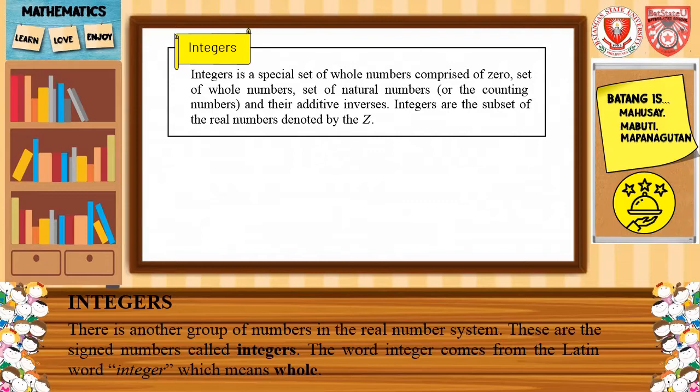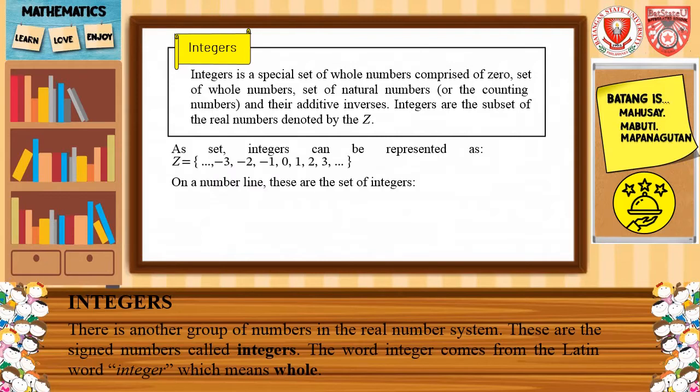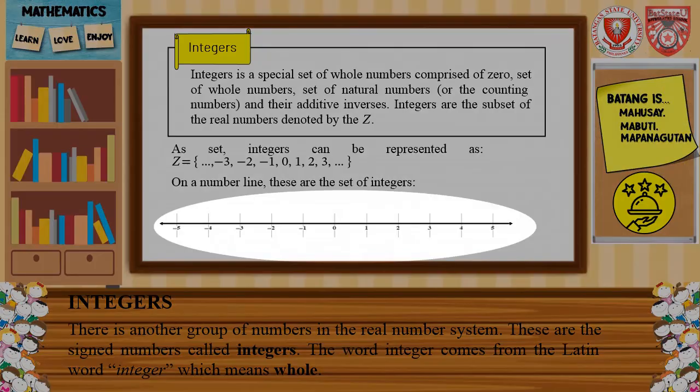Under additive inverse, integers are a subset of the real numbers denoted by the symbol Z. The set of integers can be represented as Z, for example, the set of -3, -2, -1, 0, 1, 2, 3, and so on. On the number line, these are the set of integers.